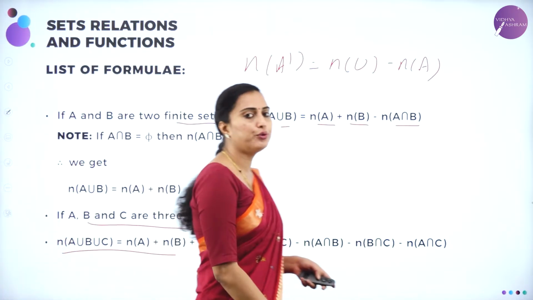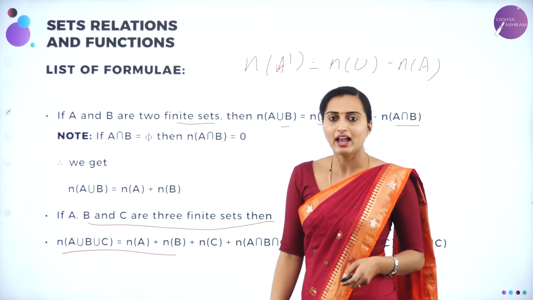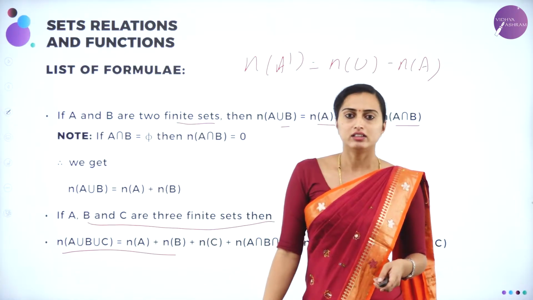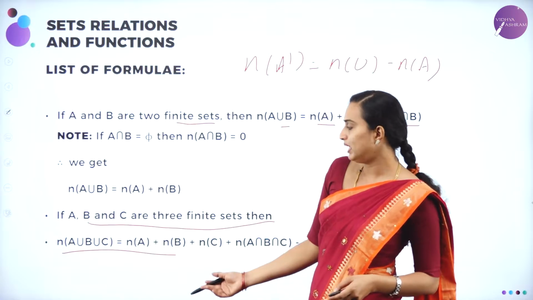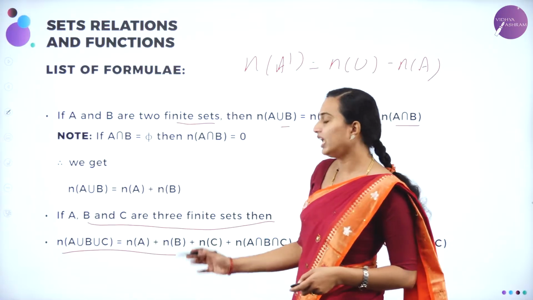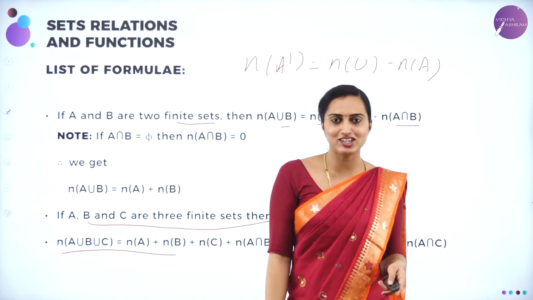N of A union B union C. Instead of A, I am going to take football. Instead of B, basketball. Instead of C, indoor games. That's it, dears. So we'll be moving on to writing the formula.